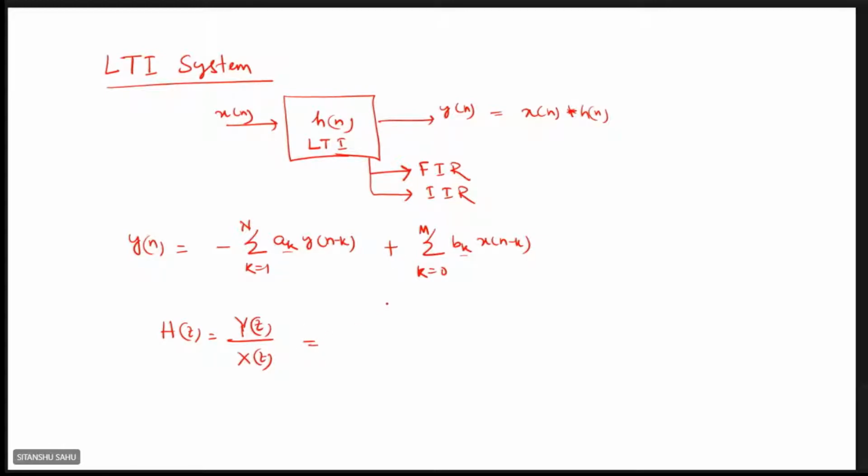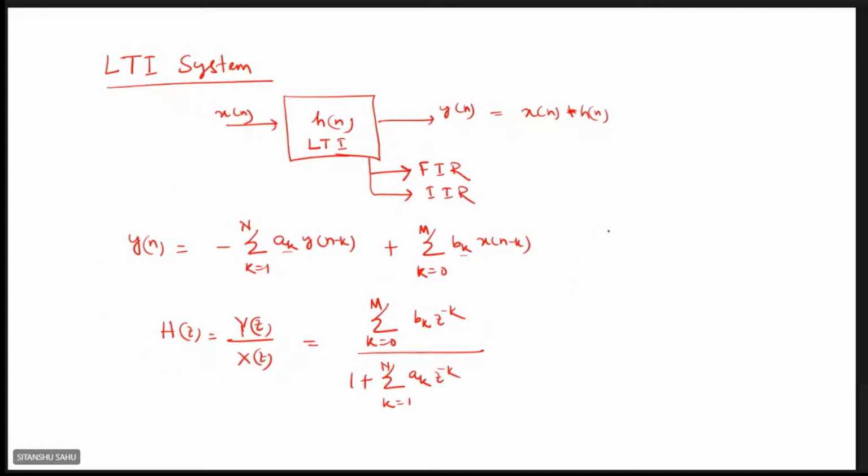We represent that as summation k equal to 0 to M b k z to the power minus k divided by 1 plus summation k equal to 1 to N a k z to the power minus k, isn't it? So basically we write in this fashion. This is the general form of representation, or we call it the IIR system, especially.